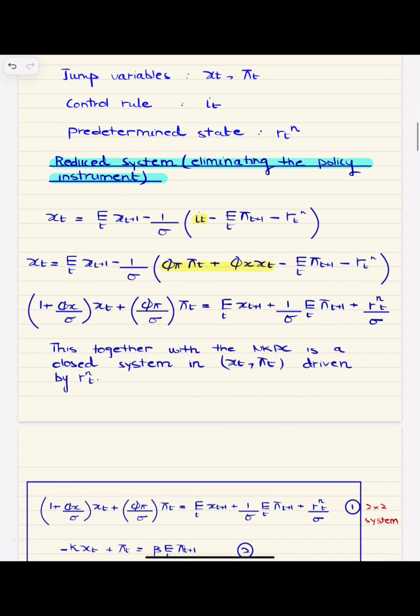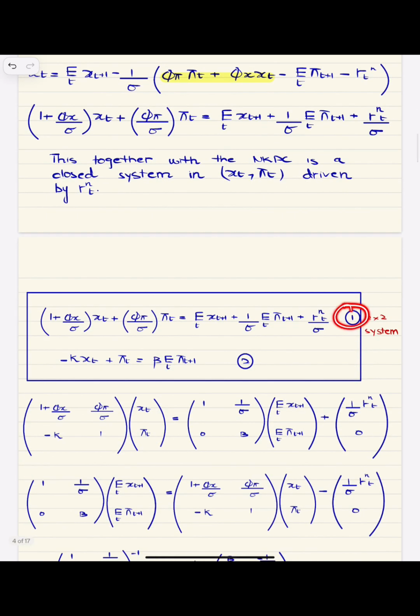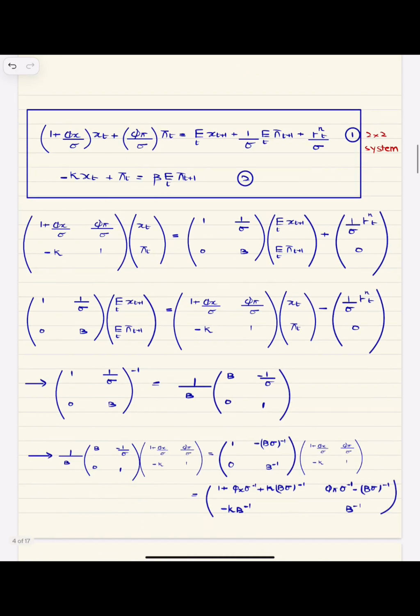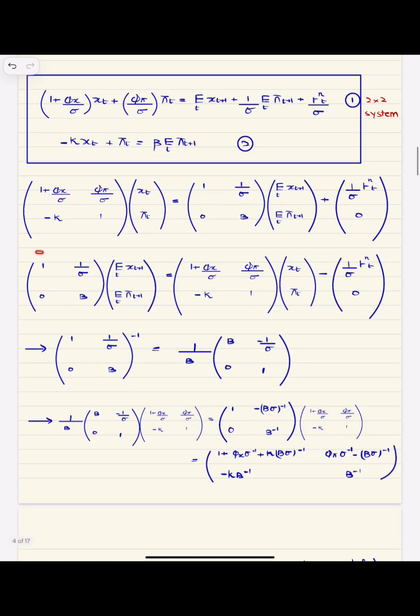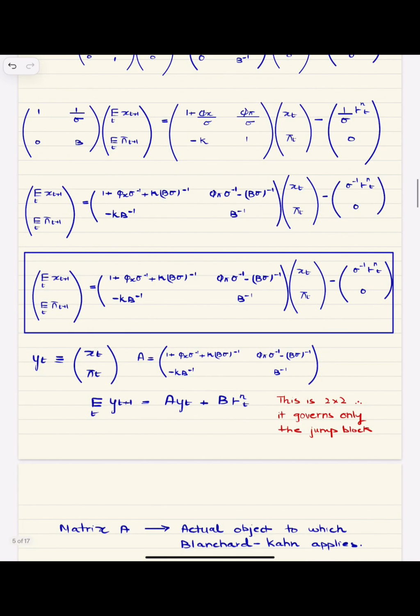This is what I've done here: the Taylor rule got substituted in, and we got equation number 1. Equation number 2 is just the Phillips curve itself. Then I wanted to make the expected value of these variables the subject, and that's pretty easy to do. You just take the inverse of the coefficient matrix and multiply it through, and then you'll get a system that is of this form.